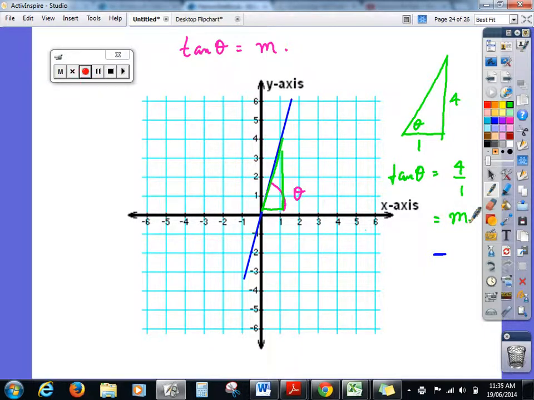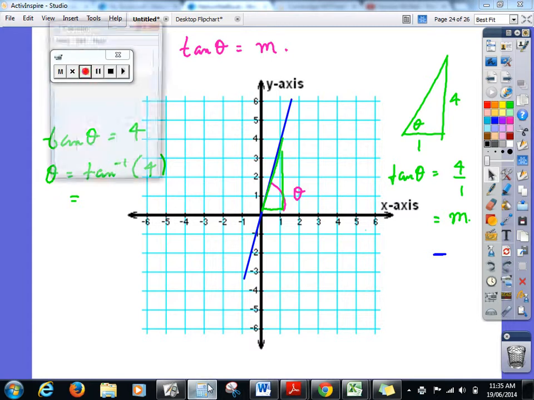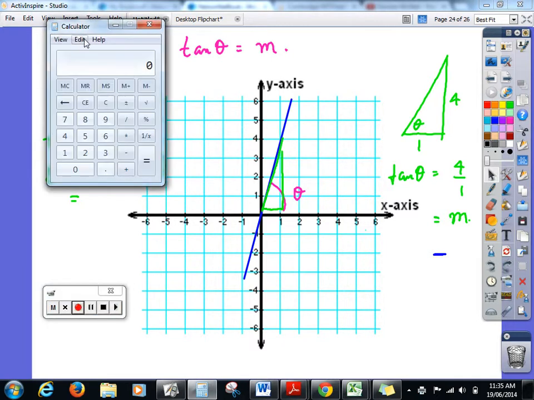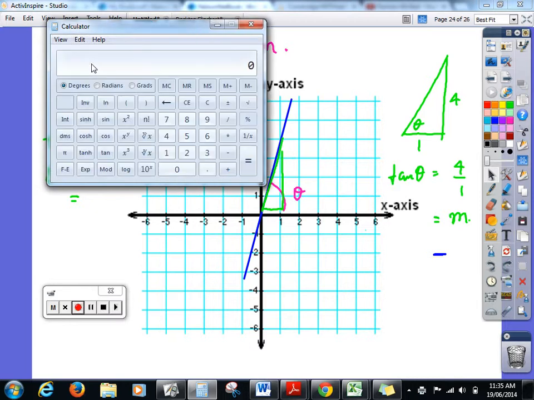So what is theta in this case? Tan theta would equal 4. Theta would equal tan inverse of 4, which, if we get our calculator up, the scientific calculator, and 4, and we shift tan of 4 equals.